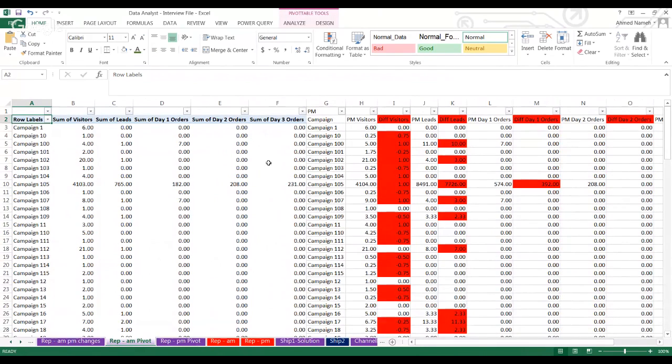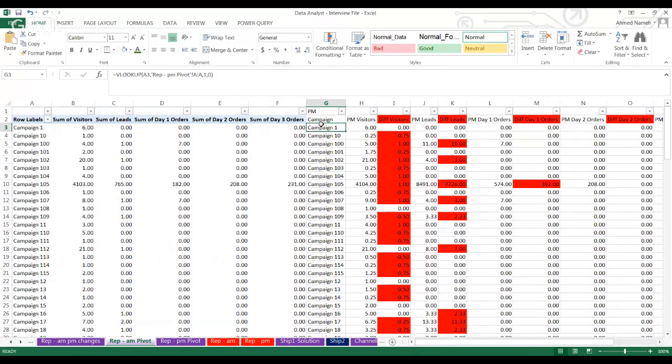So this is your AM pivot. And next to the AM pivot is where I set up a series of columns that looked at the difference between the AM figures and the PM figures. I used VLOOKUPs using the campaign as the primary key to extract the PM information.